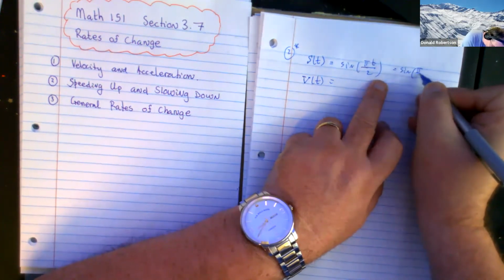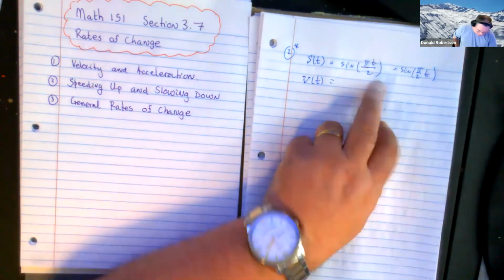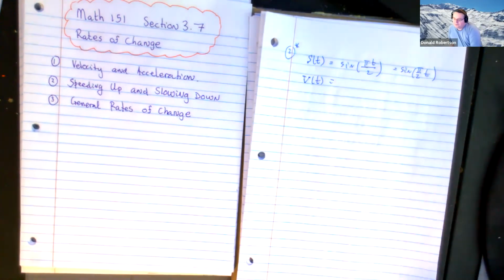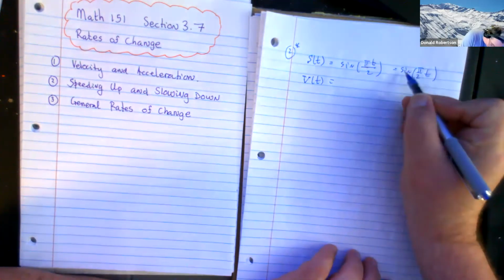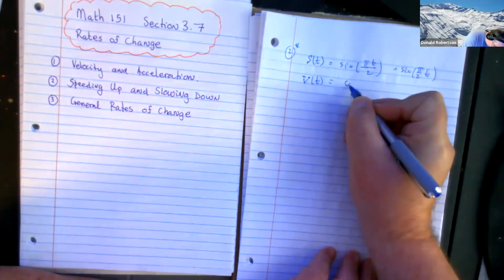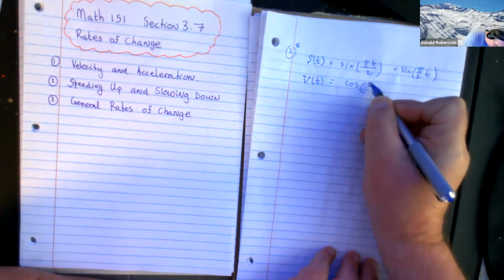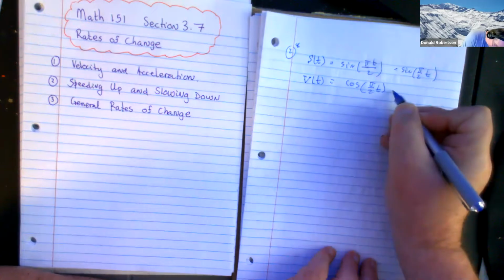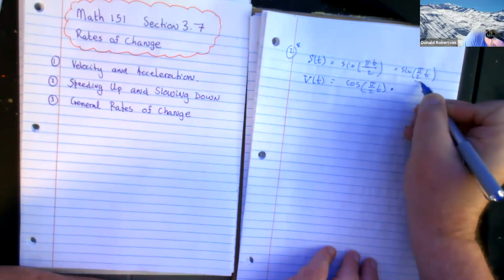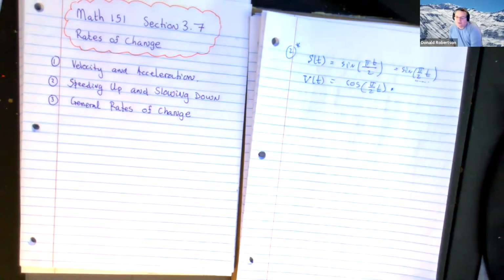I don't know if this helps any, but it helps my brain. Do you know that guy is this guy? Just a different way of writing it. So this is a chain rule, isn't it? So when I differentiate the sine of pi upon 2 t, I will get the cosine of pi upon 2 t times the derivative of the inside function.